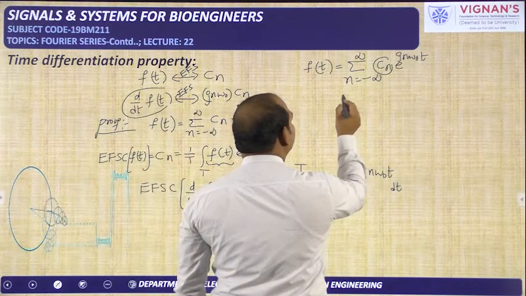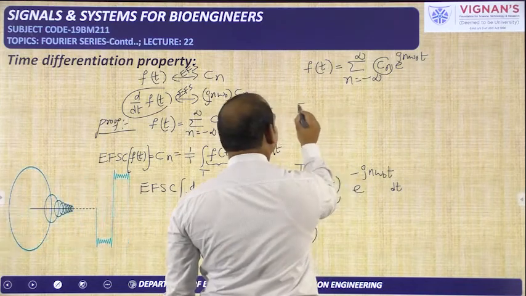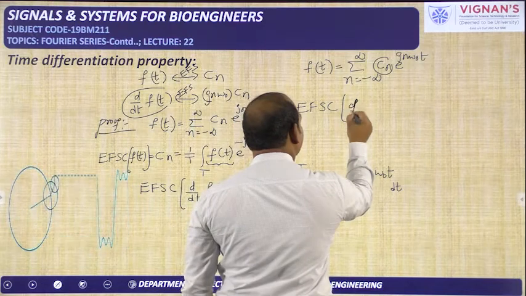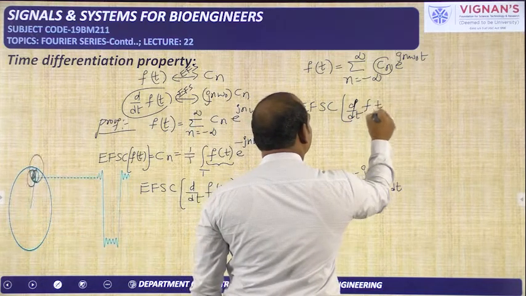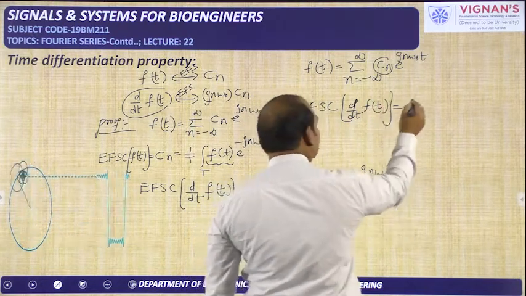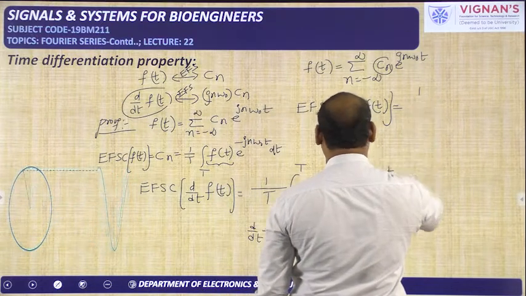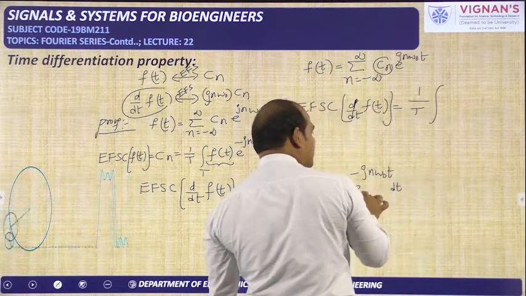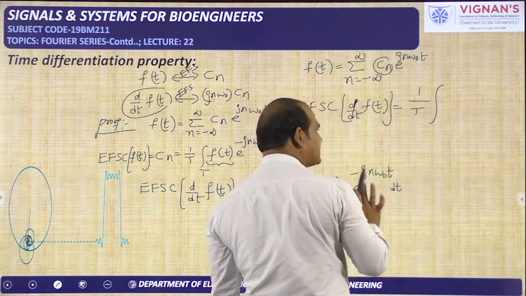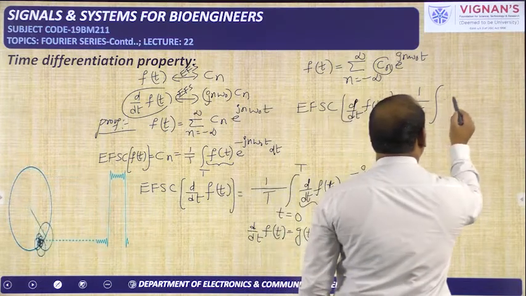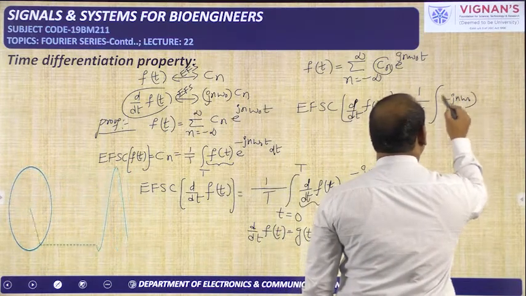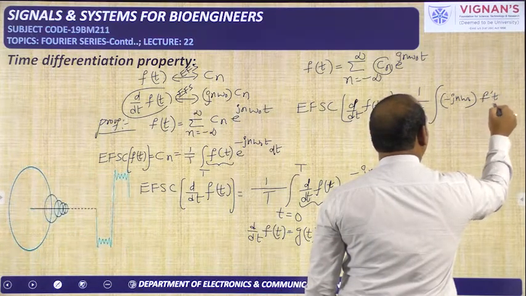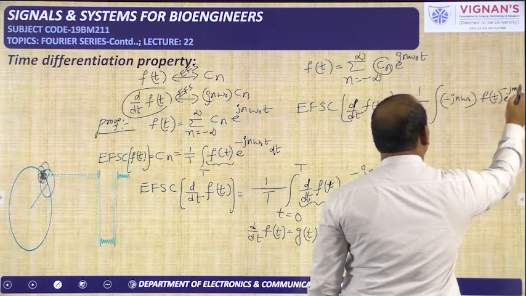After that, the exponential Fourier series coefficient of d by dt of f of t is equal to 1 by T. This differentiation we are performing here. So 1 by T integral, the differentiation of e power minus j n omega naught t is the required thing here. So that minus j n omega naught we will get here, and f of t e power minus j n omega naught t dt.